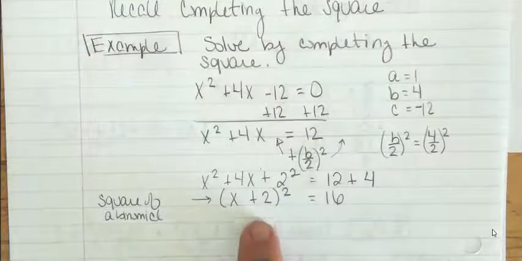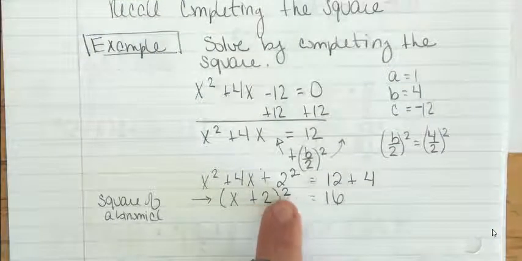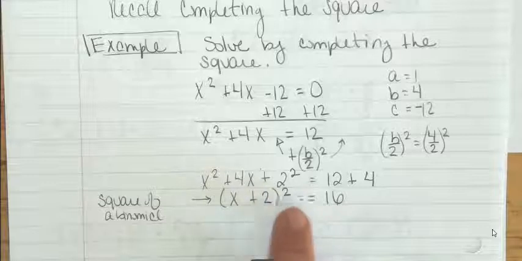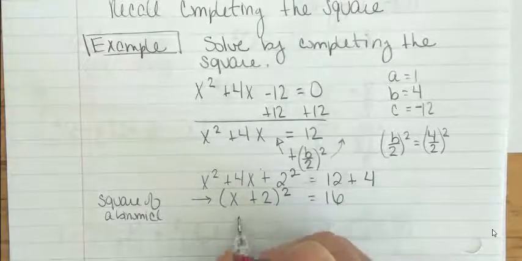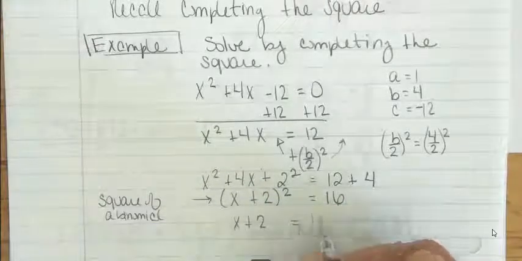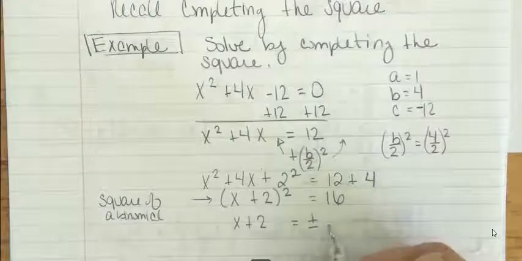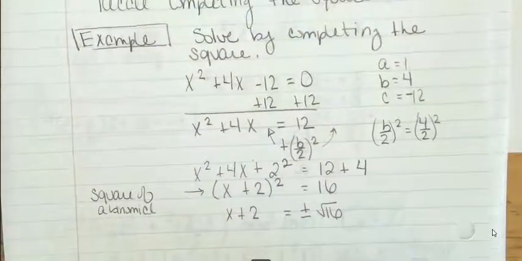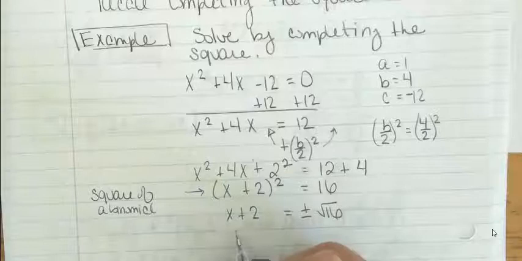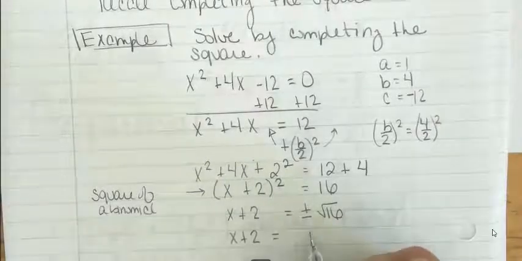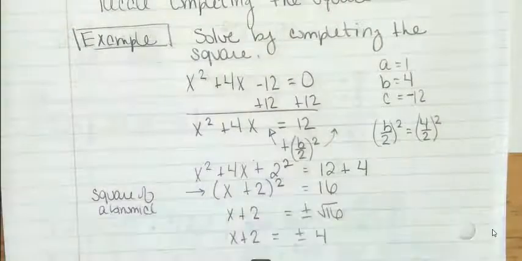Now, this is a pretty simple problem now to solve, right? In order to get rid of that square, I can then square root both sides. So I'm left with x plus 2 equals positive or negative square root of 16. Or x plus 2 equals positive or negative 4.